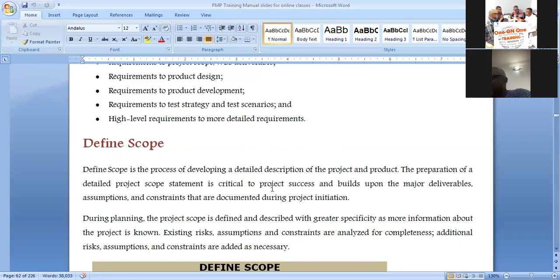And you know that the success of every project is hinged on how well the scope is defined. So you have to ensure that your scope is well defined, all-inclusive. It accommodates every aspect of the project. That's why you have to make it detailed. You have to use greater specifics.